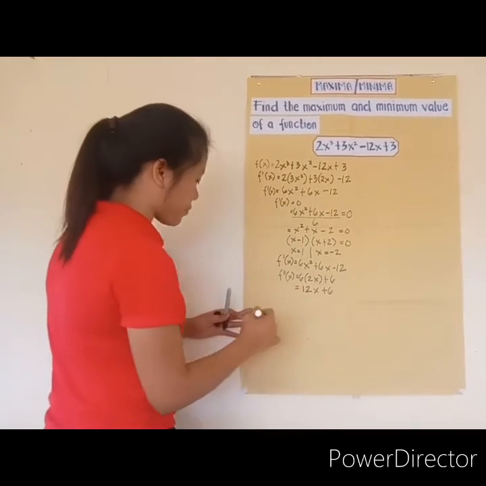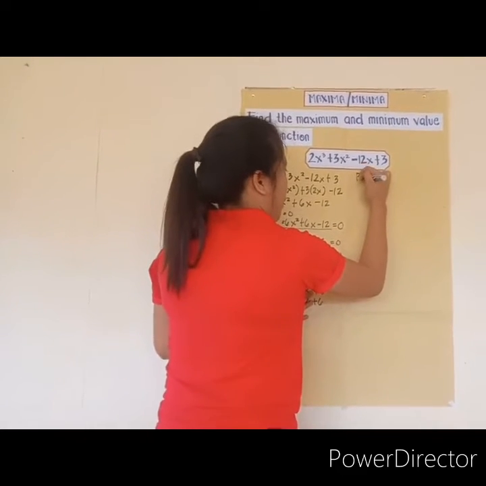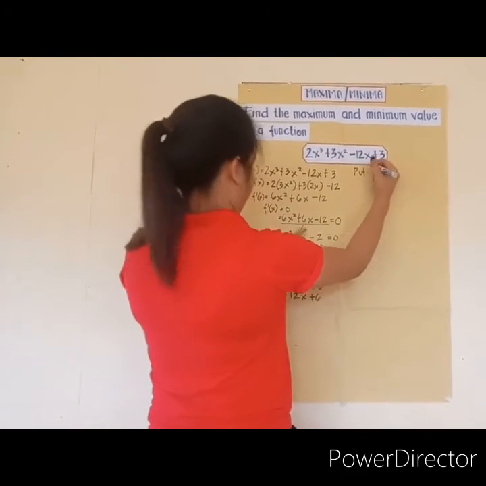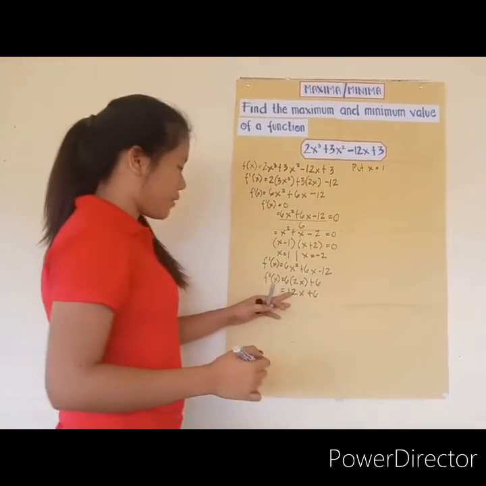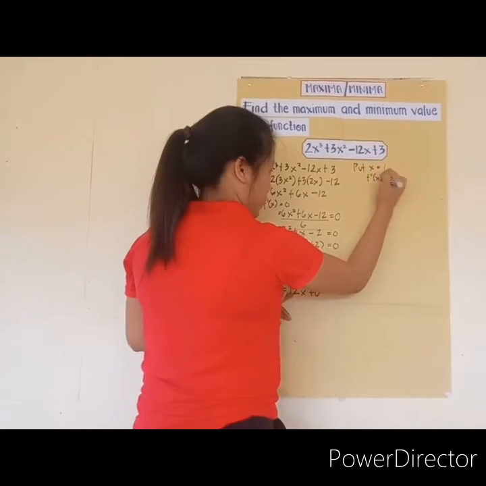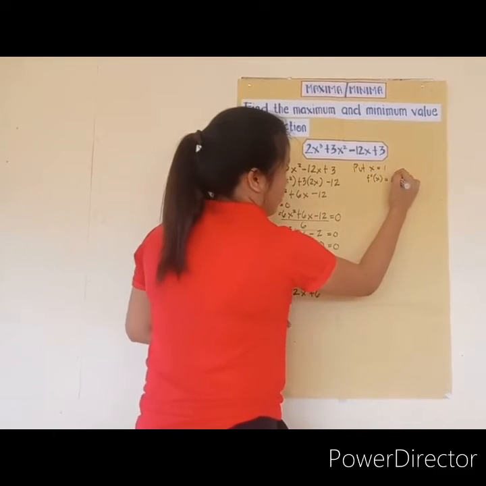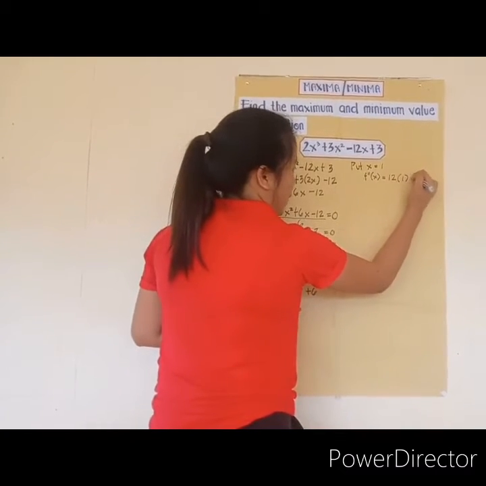So let's put x is equal to 1 in our second derivative, which is 12 times x, where the value of our x is 1, plus 6.